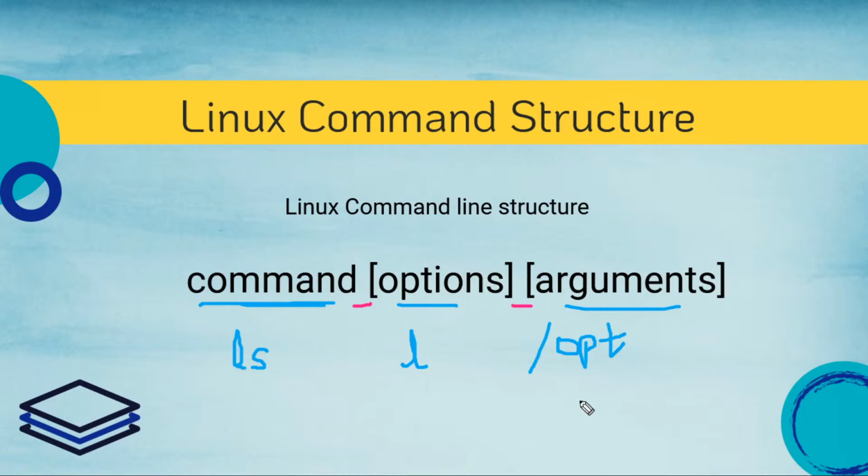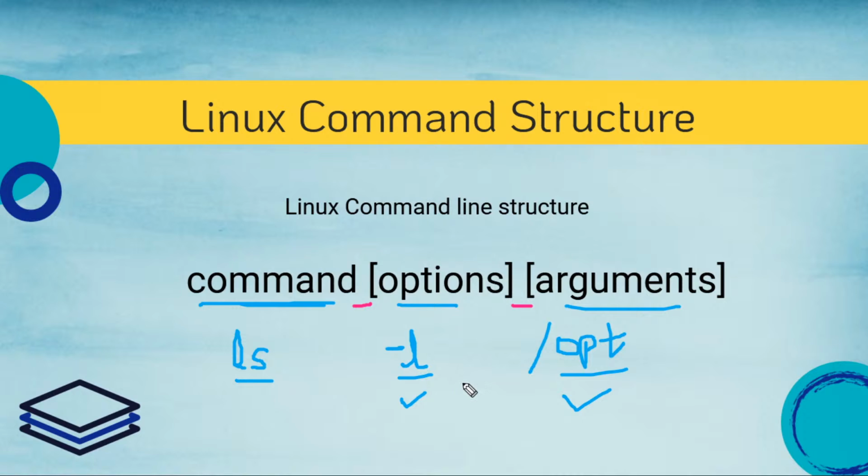If you try executing the command like this, it will take l and /opt as two different arguments. So you have to use a hyphen before the option name, together, with no space between the hyphen and the option name. So command, option, argument, and a space between all these words.